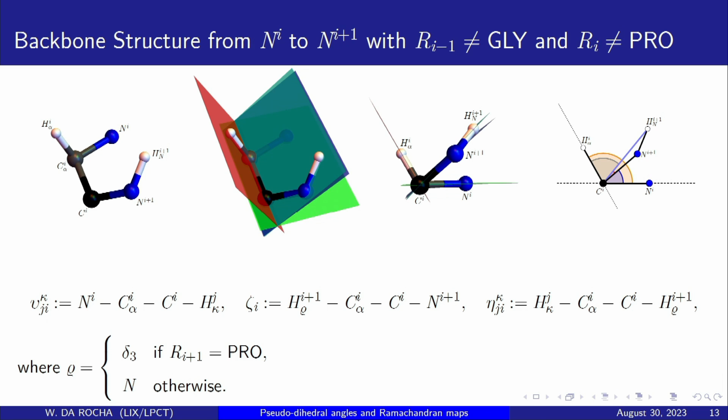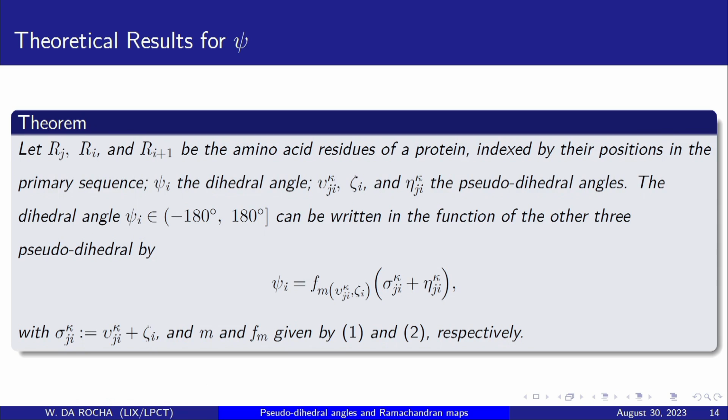The same thing could be done for the phi psi angle. I will just skip it quickly because of lack of time. But we also wrote a theorem that is similar to the previous one. I didn't mention it, but for proving this theorem we use the polar properties of complex numbers, and the proof was done for the general case.